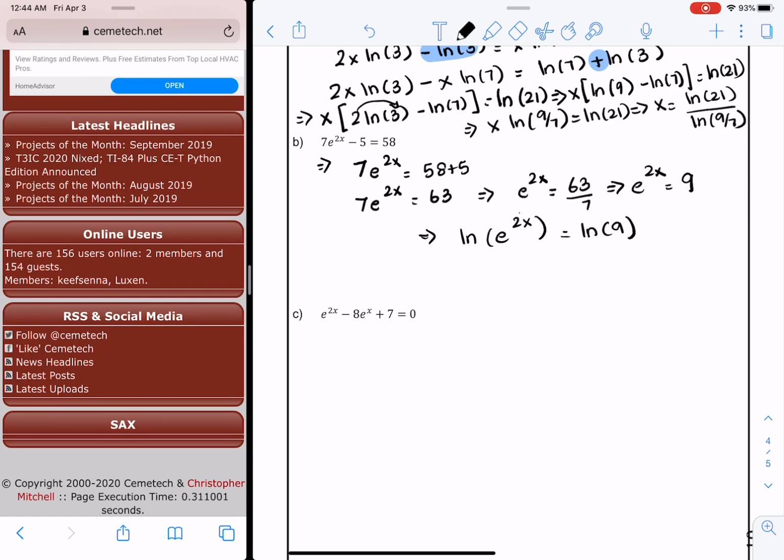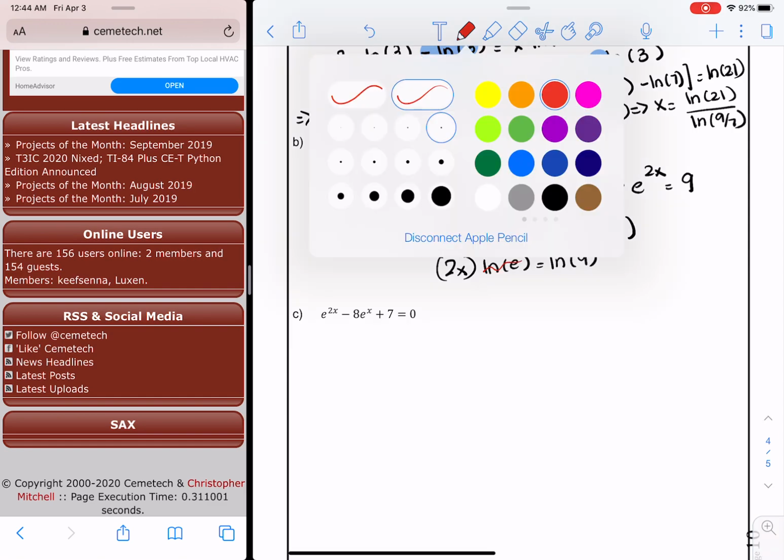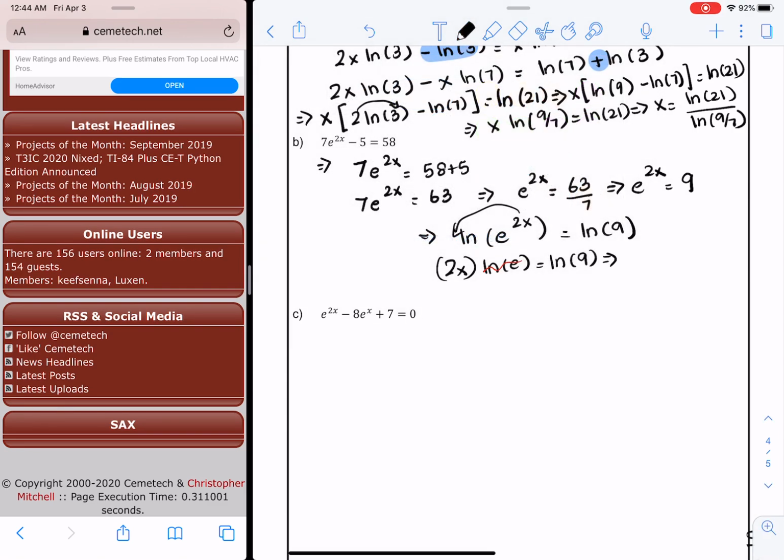We could move that power to the front. 2x times ln of e would equal ln of 9. ln and e sort of go away and become 1. So we would have 2x equals ln of 9, which would mean x is equal to ln of 9 over 2.